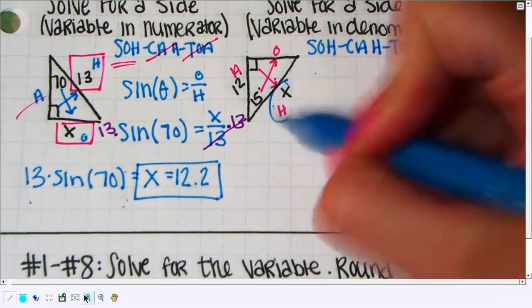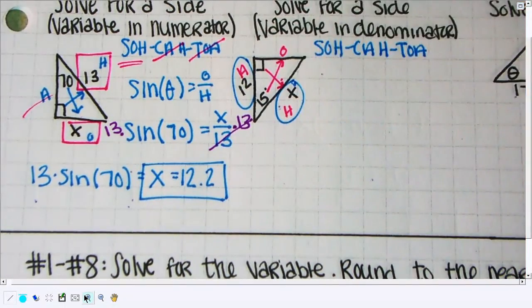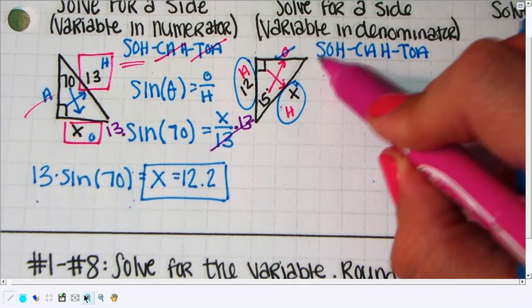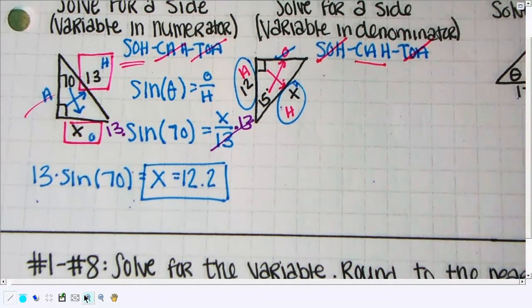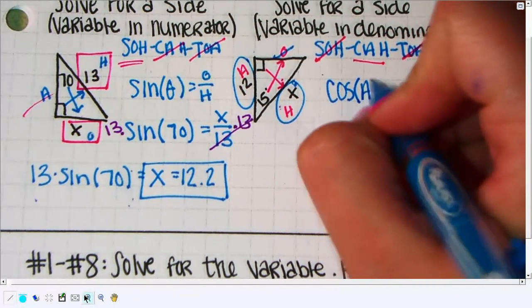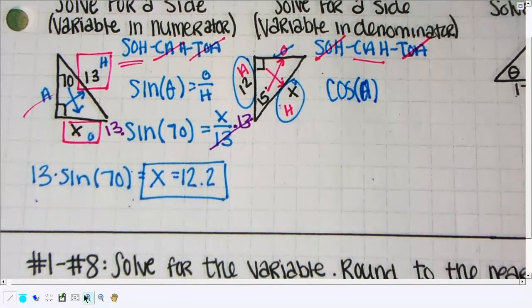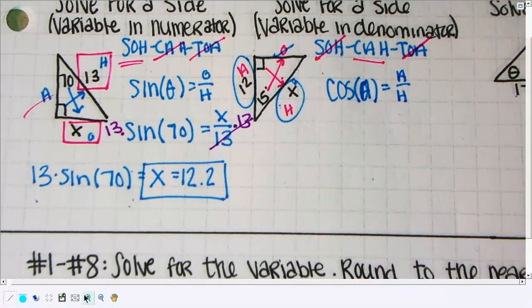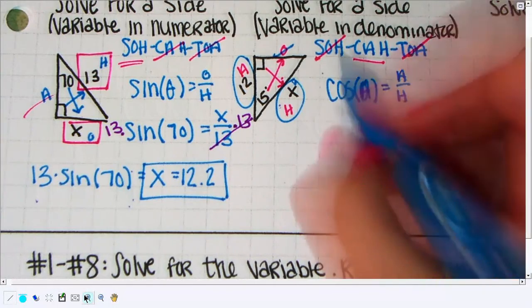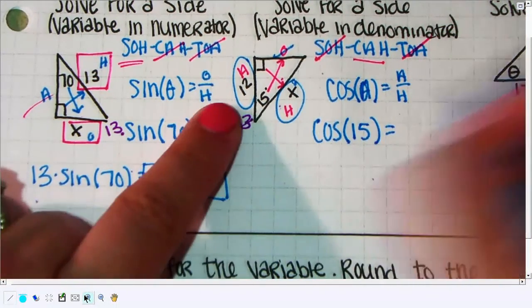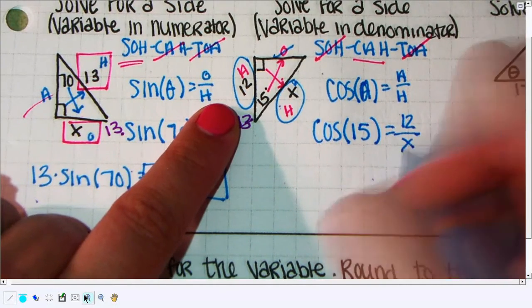So X has H, A has 12, O's got nothing, which means if it has an O in the trig function, I can't use it, which means this problem is cosine. So cosine of theta equals A over H. Now I substitute. So cosine of my angle equals adjacent 12 over hypotenuse X.